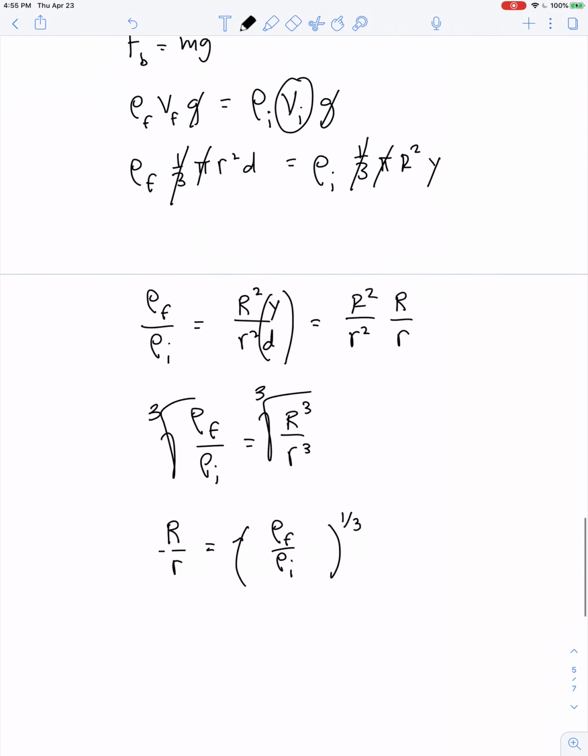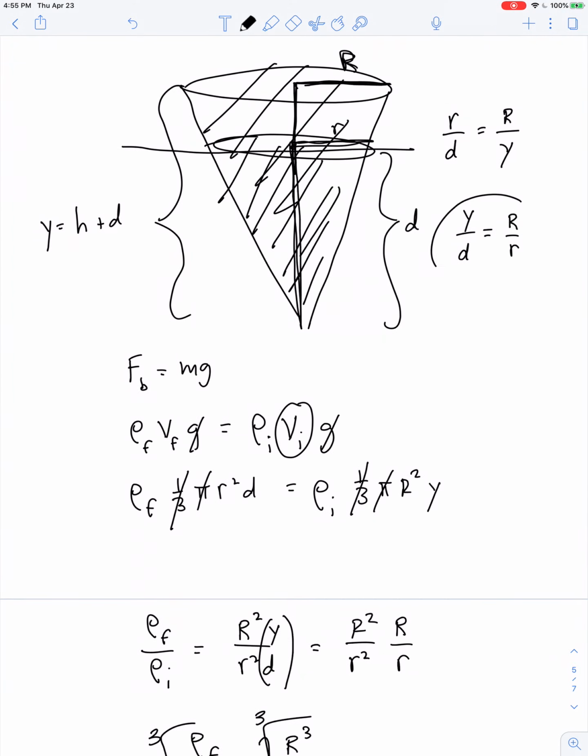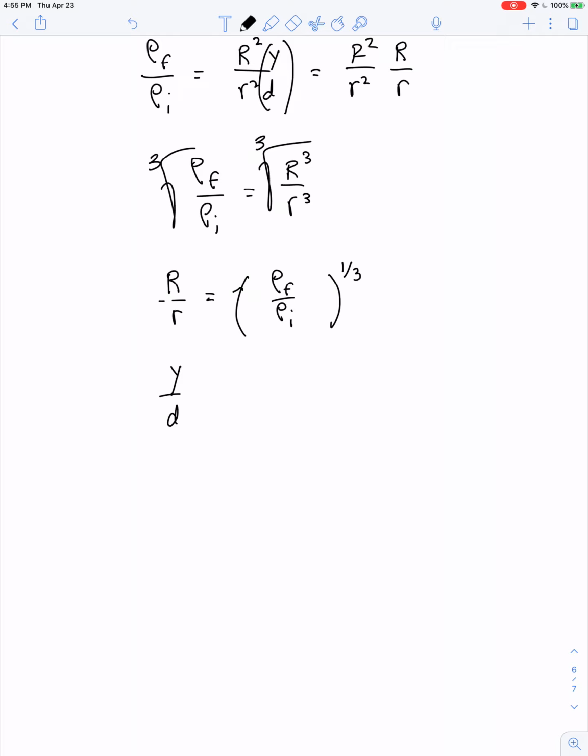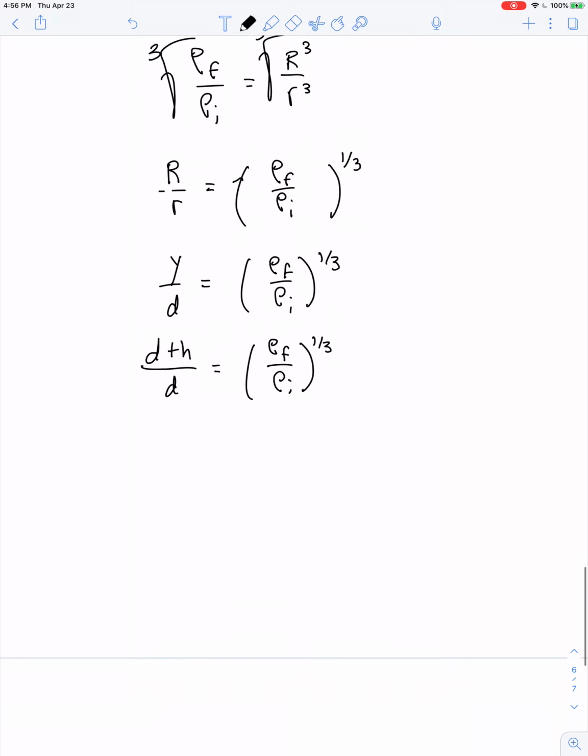But then again, this ratio of capital R over little r is the same thing as the ratio of y over d, so let me write it that way. Y divided by d is equal to the density of the fluid over the density of the ice to the 1/3 power. And y is the same thing as d plus h, so d plus h over d is the density ratio to the 1/3 power, which means d plus h is this ratio times d when I cross multiply, right?